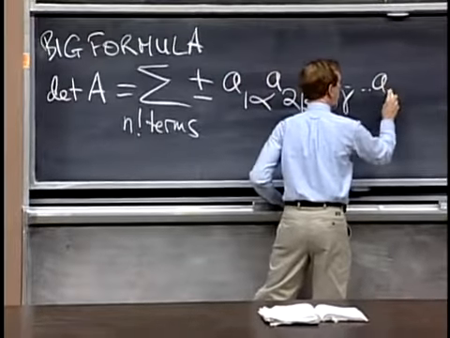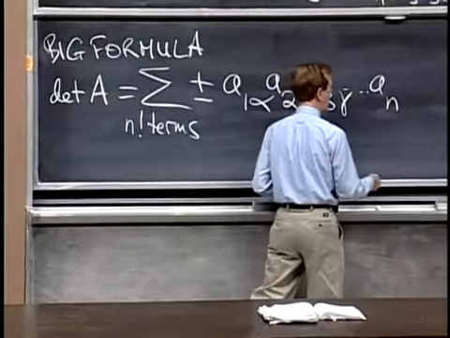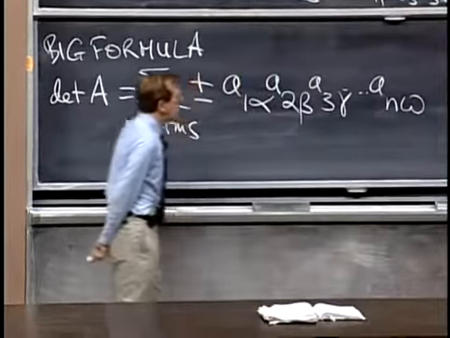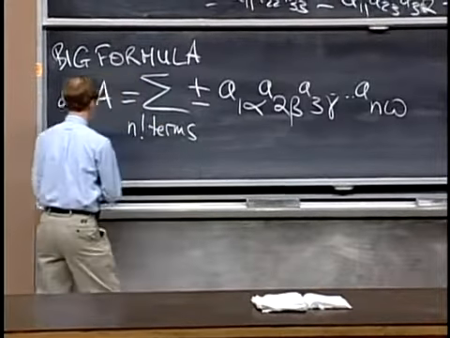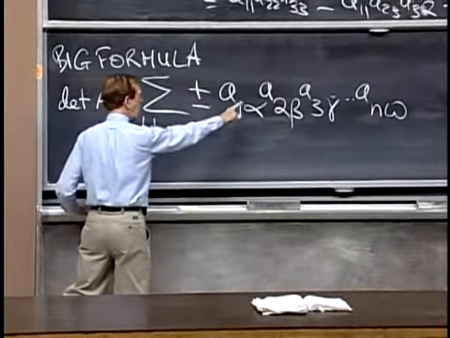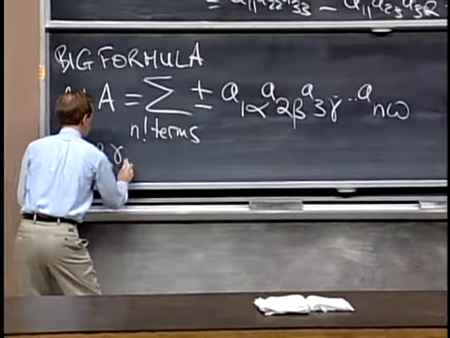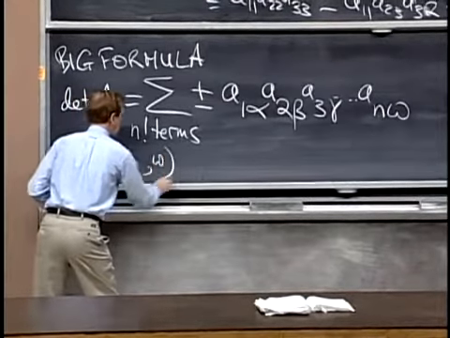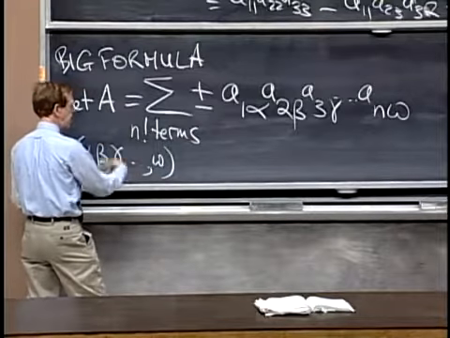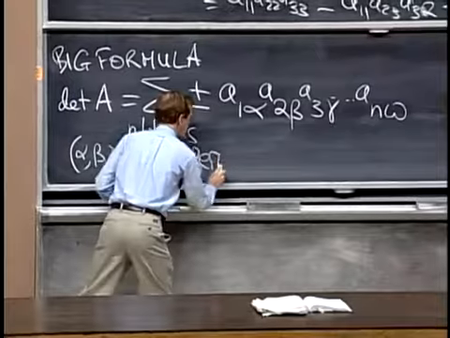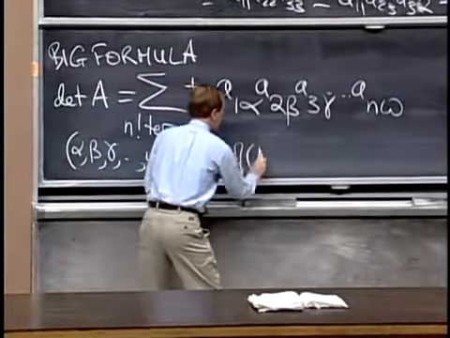And then in the nth row, maybe omega for last. And the whole point is then that those column numbers are different. That alpha, beta, gamma, omega, that set of column numbers is some permutation of 1 to n.